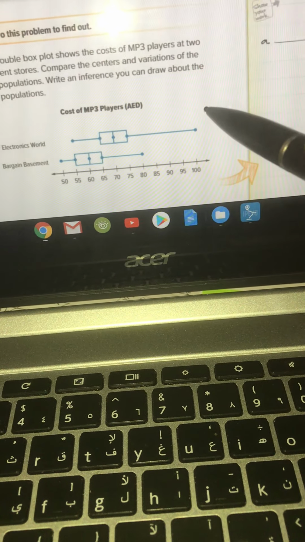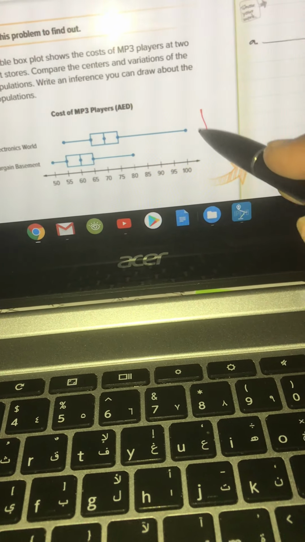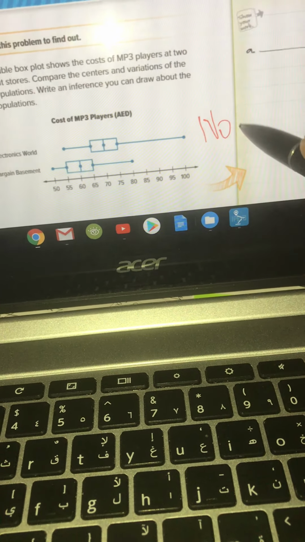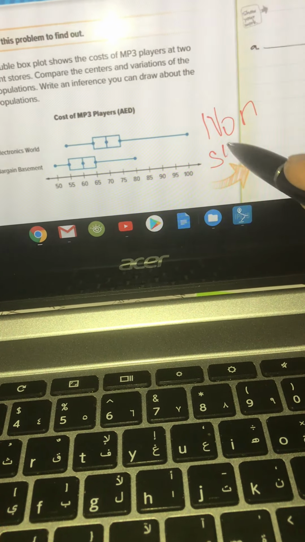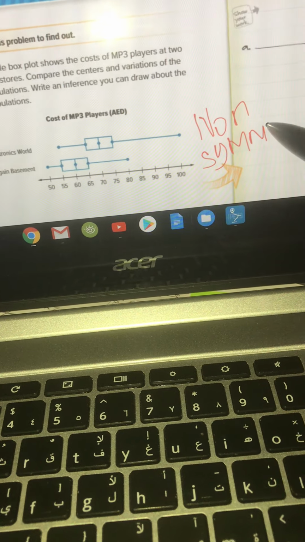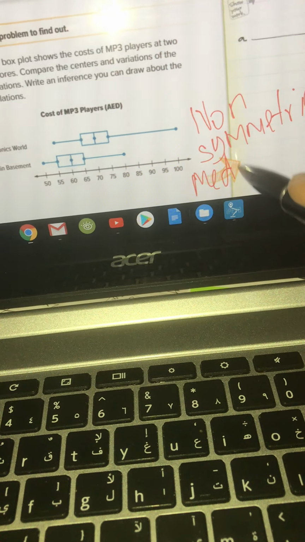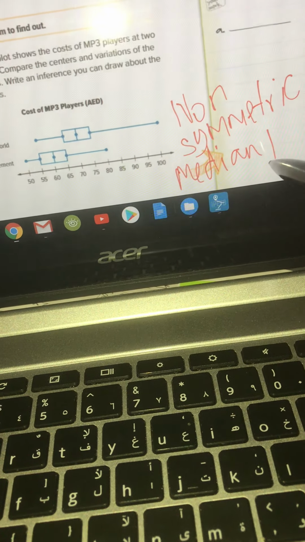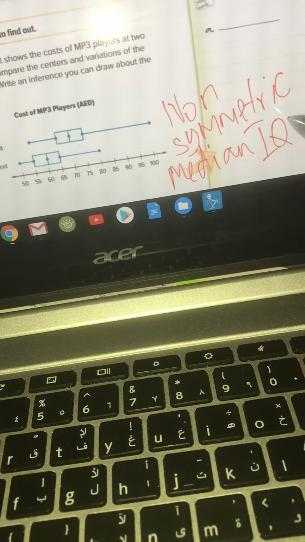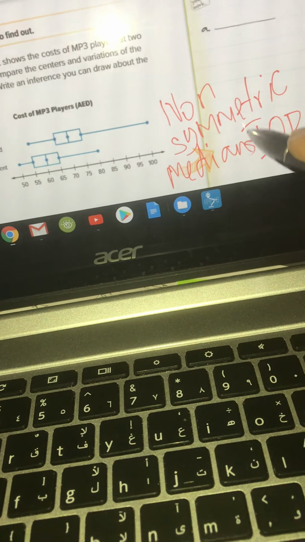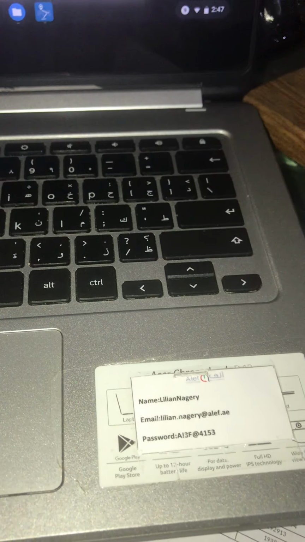Our data is non-symmetric. So step 1, you write non-symmetric. And because they are non-symmetric, I will do the median and the interquartile range.